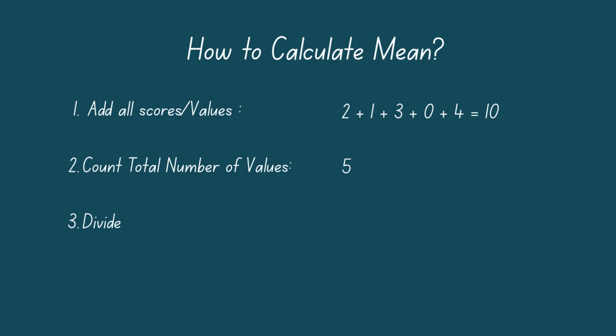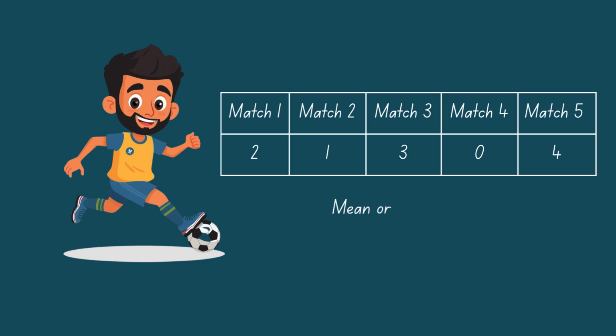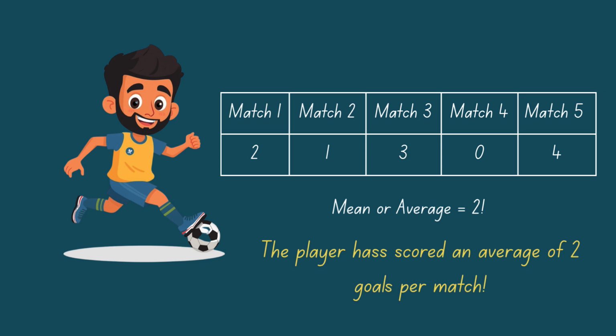And then we divide the first by the second, which means 10 divided by 5, and we have 2 as the average or mean. This means this player has scored an average of 2 goals per match. Not bad, right? This will help the coach to decide whether to choose this player or not.